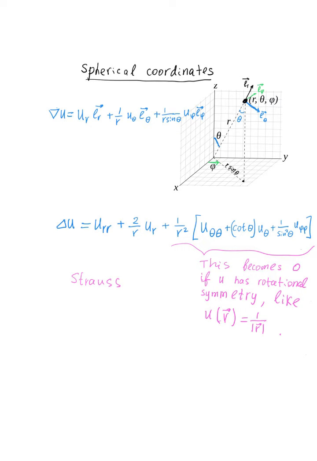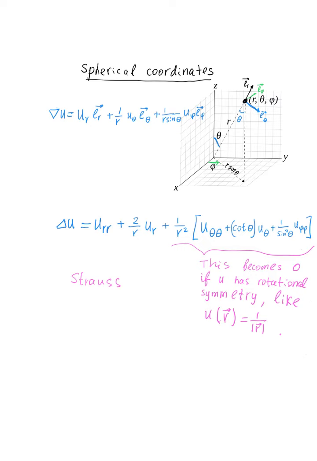One thing that is important to notice is that, like in many problems, we are looking for functions whose Laplacian is 0, and like in physics, you often have functions with rotational symmetry, which depend on just the distance from the origin.